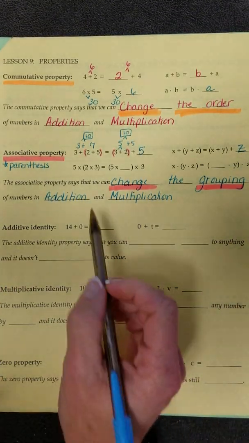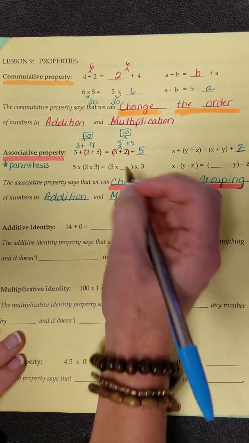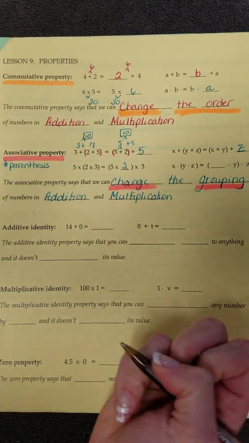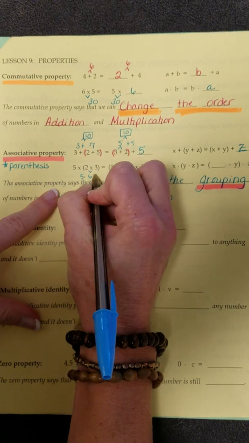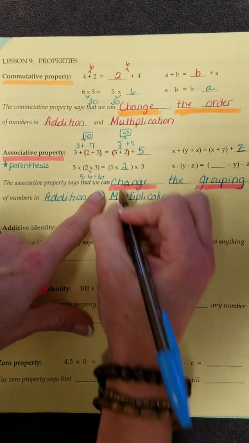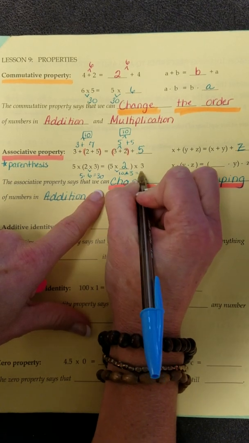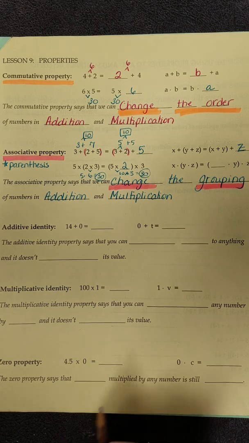Now let's look at our multiplication examples. 5 times the quantity 2 times 3 is the same as the quantity 5 times 2 times 3. So let's try this. 2 times 3 is 6, and 5 times 6 is 30. 5 times 2 is 10, and 10 times 3 is 30. So I got the same final answer both times.